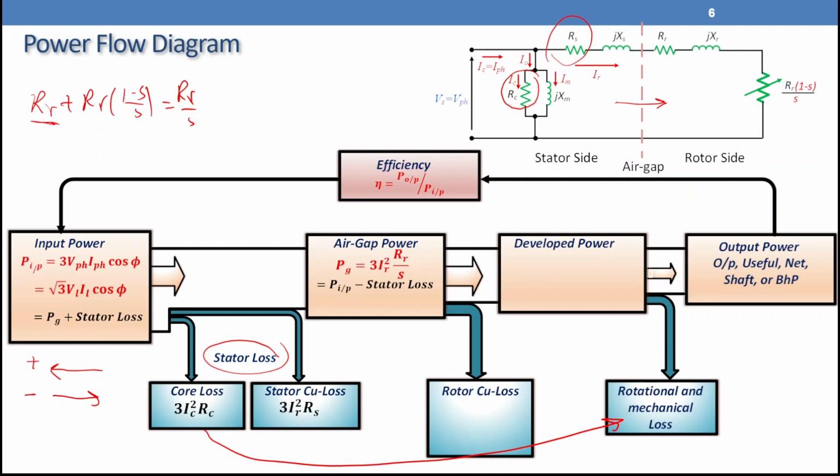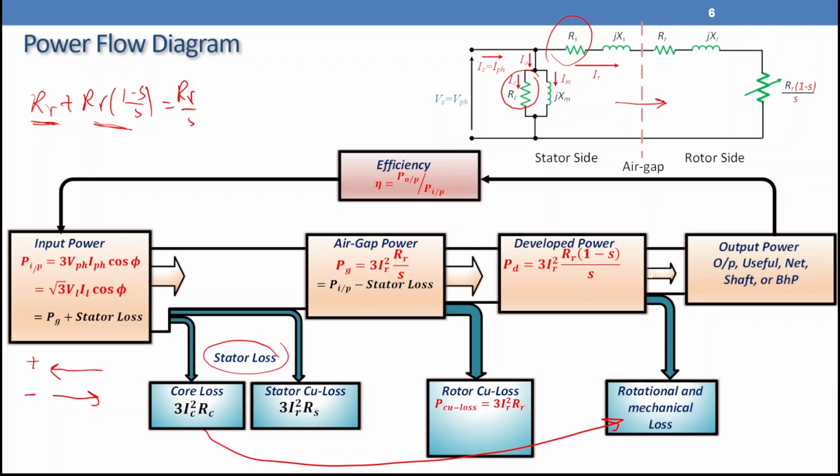One of them is the physical resistance R rotor, which gives you the rotor copper loss. And R rotor (1 minus S) over S is a fictitious resistance that represents the power converted from electrical to mechanical inside the machine. So we can calculate the developed power as 3 I rotor square R rotor (1 minus S) over S. And we can write the rotor copper loss as 3 I rotor square R rotor.